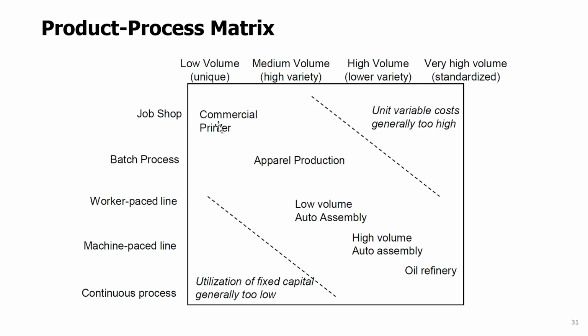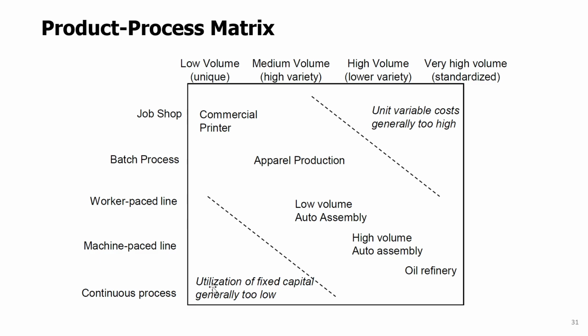If you want standard furniture like IKEA, for example, you have to move more to batch production or some assembly line, because that will lower the cost per unit. You don't have that much variety anymore, but maybe that's not required by customers. What is more required by customers here is a lower cost. So it wouldn't make sense to go here, because then the cost per unit would be too high and the customers wouldn't pay so much.